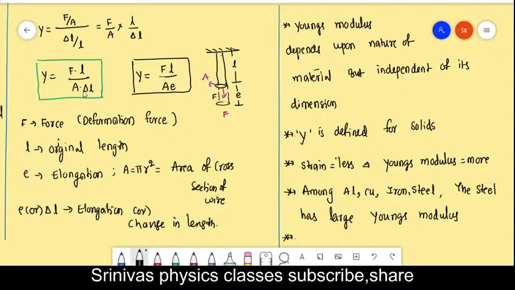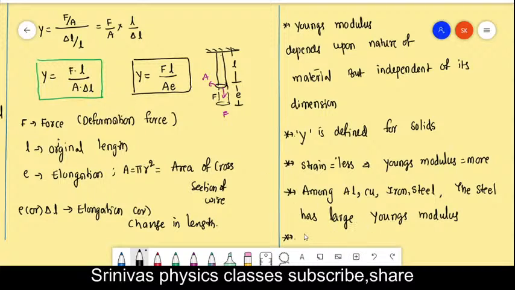That means if Young's modulus is more, the change in length is less, so it is more elastic. It will always stay in its original shape and size. If Y is more, delta L is less, because they are inversely proportional.